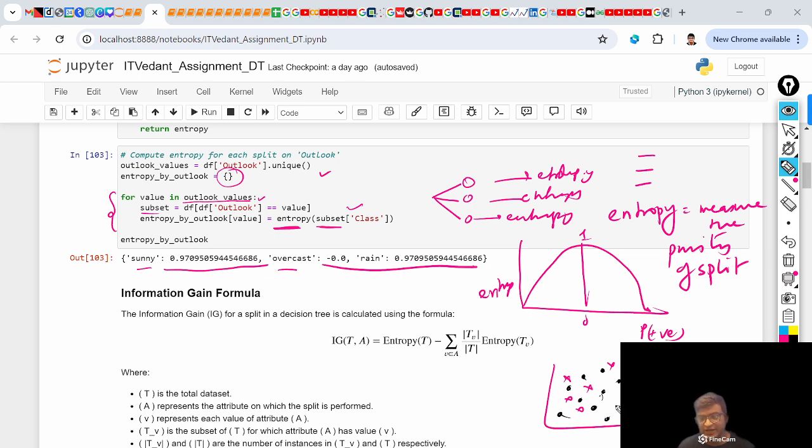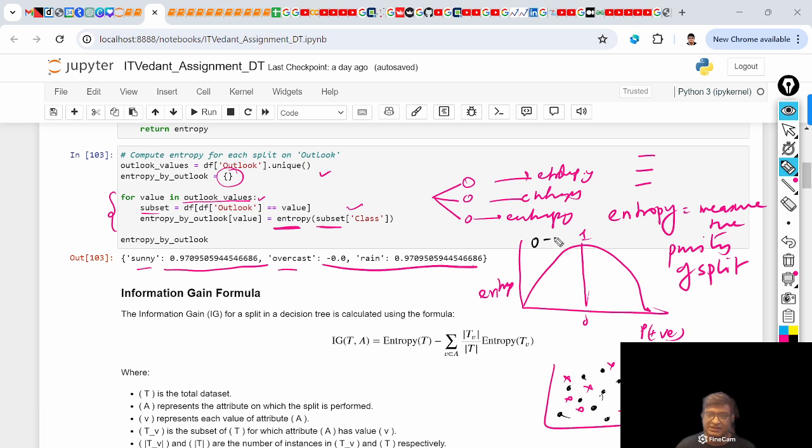There's a lot of randomness in the data, which means my entropy is high. It will not be able to find the purity of the split and classify the classes separately in a precise manner. So the randomness is high and hence high entropy.